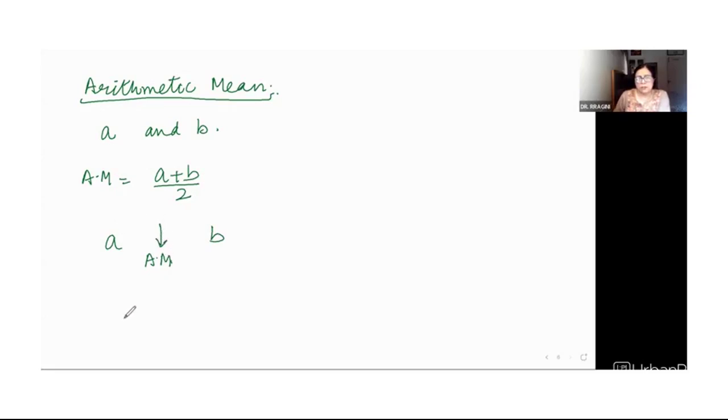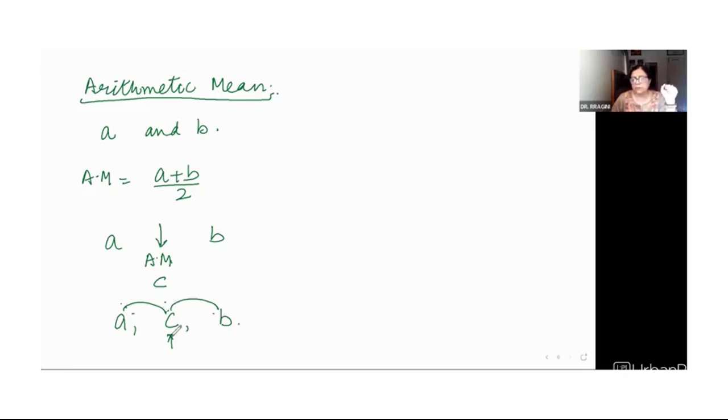Let this number be C. If we have A, C, B, try to learn how we get this formula and why we use it, because it all makes sense when you know how we get it. C is the mid value of A and B. Mid value means the difference between A and C will be the same as the difference between C and B. That means these three numbers form an arithmetic progression.